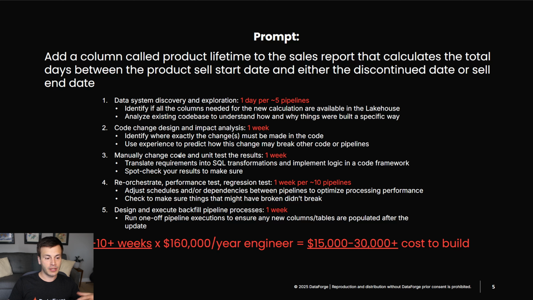The regression testing, performance testing, everything was adjusted based off of metadata and information we have within the DataForge environment about how this change adds additional load or changes dependencies or would cause backfill. Everything is deterministic and easy for us to detect, and therefore we can make the associated adjustments to the existing solution and the Lakehouse pipelines to do what needs to be done so that at the end of the day, that target table has the new column and is populated correctly.